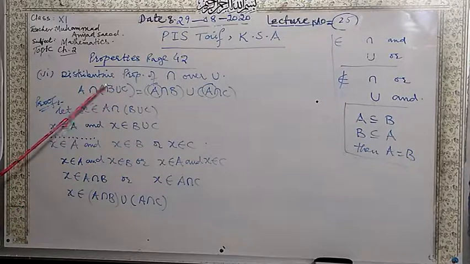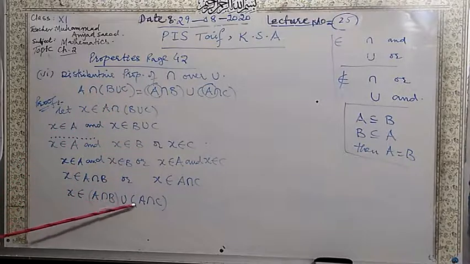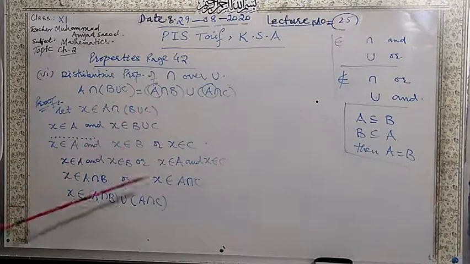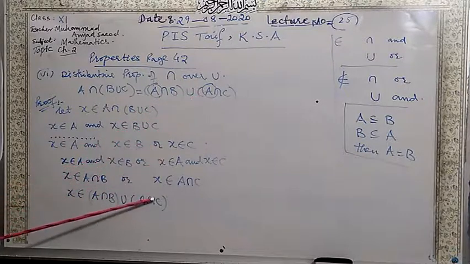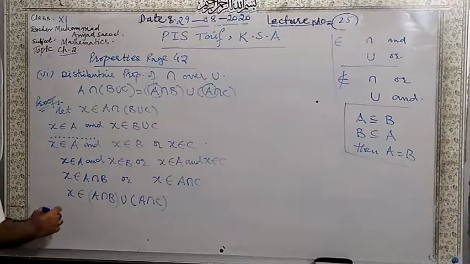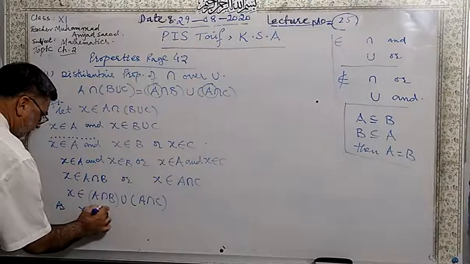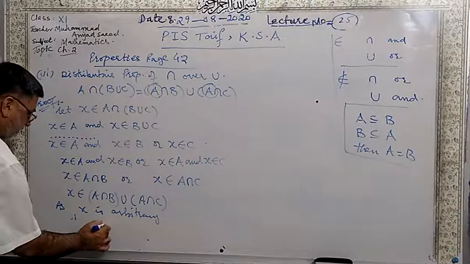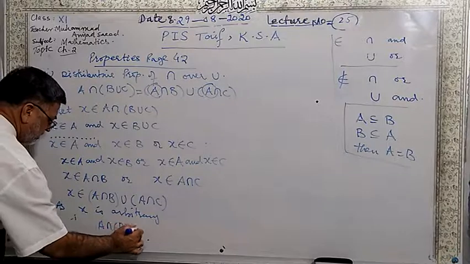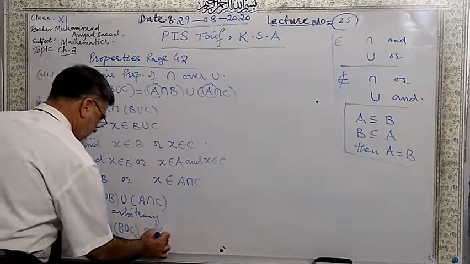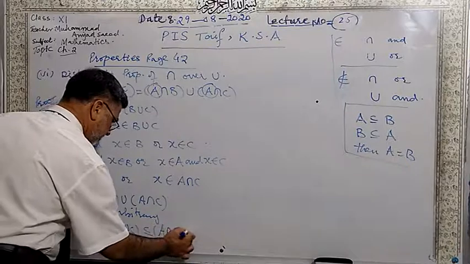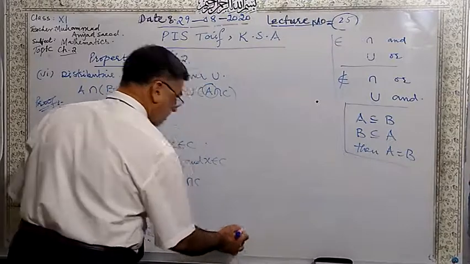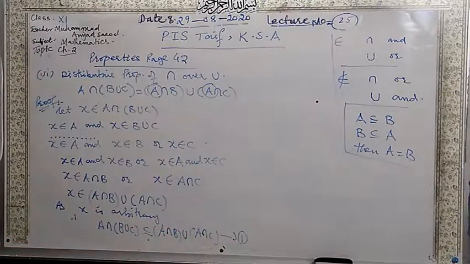X was taken in left hand side, and now X became a member of your right hand side, A intersection B union A intersection C. As X is arbitrary, therefore left hand side is a subset of right hand side. That is your result number 1. That's your first result.